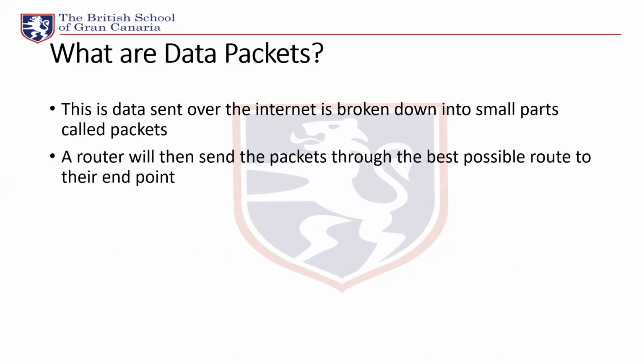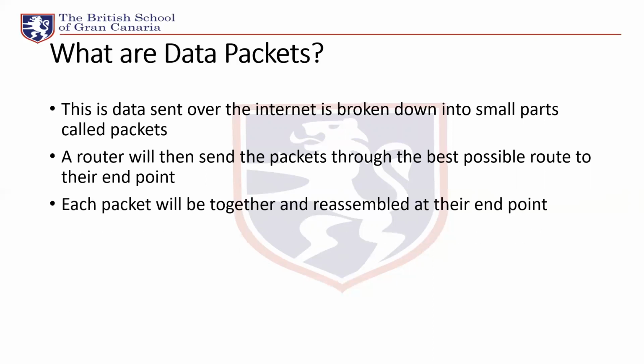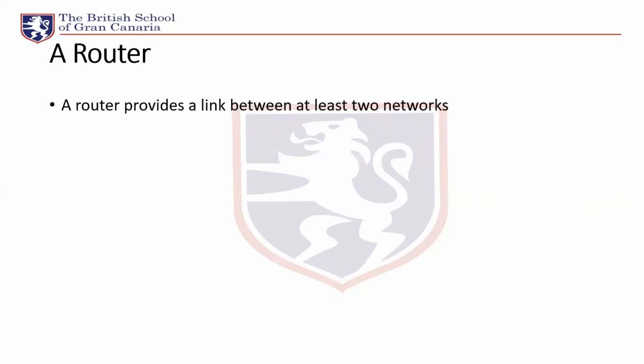The router will send it by the best possible route to the endpoint. This is all sent wirelessly. If it was done through wires, it would go through one wire and then another wire and another, but here it's done through radio waves. Then each packet is reassembled together at the end. The router provides a link between these two networks.